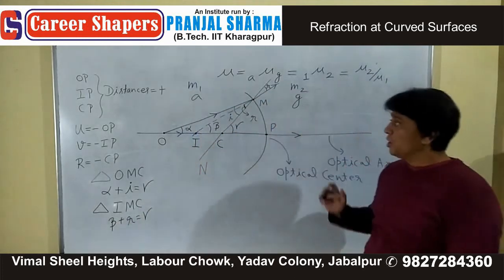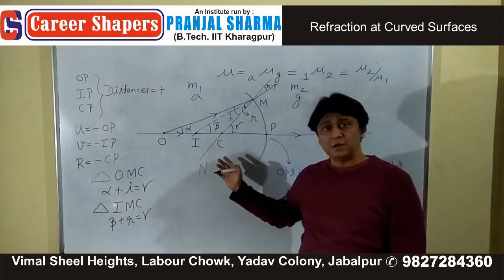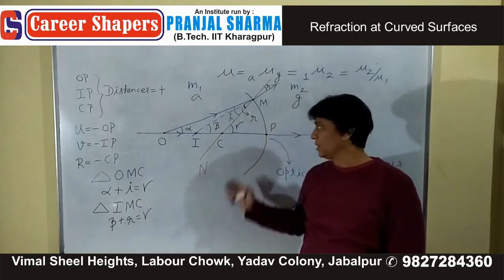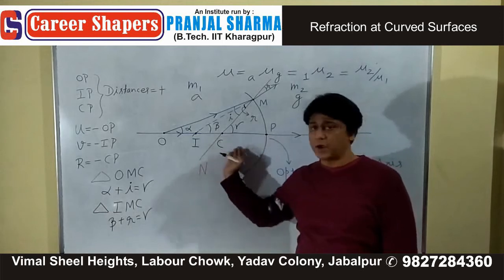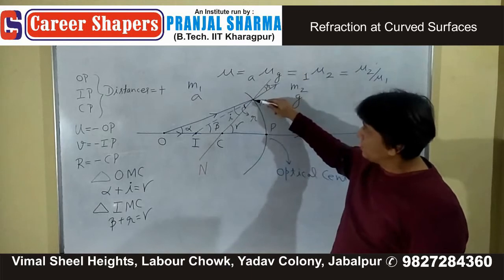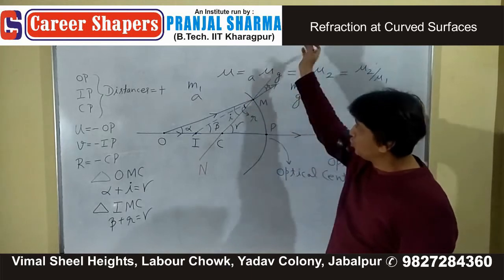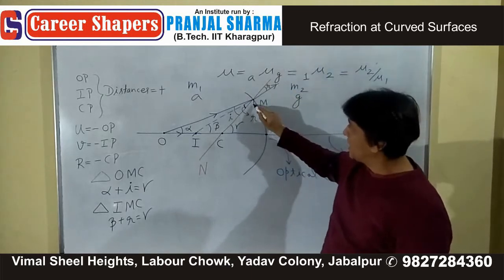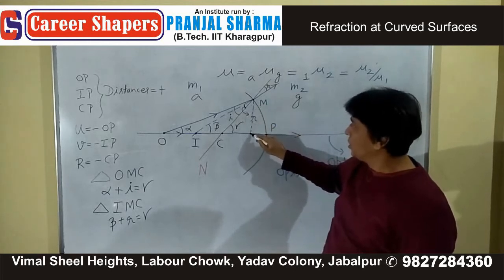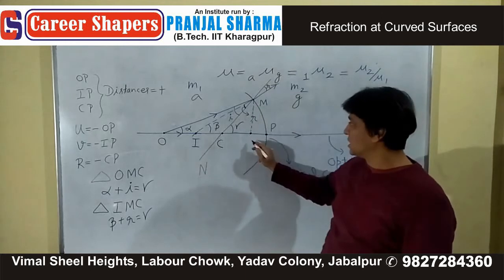Now, we will need tan alpha, tan beta, tan gamma. That will give us all these required bases. Perpendicular will be M, and you will drop a perpendicular from M onto this optical axis.